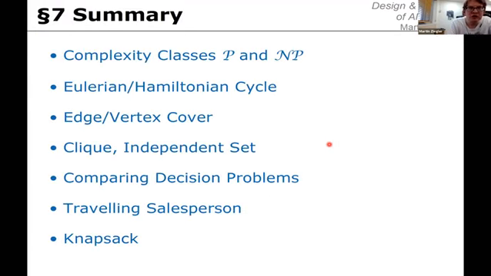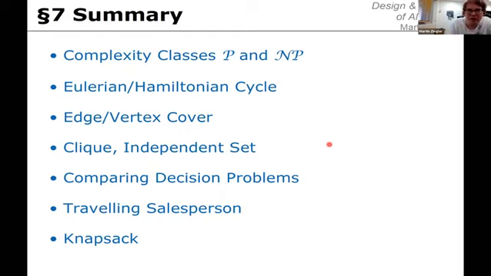So to summarize, we've talked about the complexity classes P and NP of decision problems, where NP in this lecture is defined as polynomial time verifiable problems of this special syntactic form, not involving polynomial time Turing machines. We've discussed several decision problems about graphs. Question whether a given graph has a Eulerian cycle.